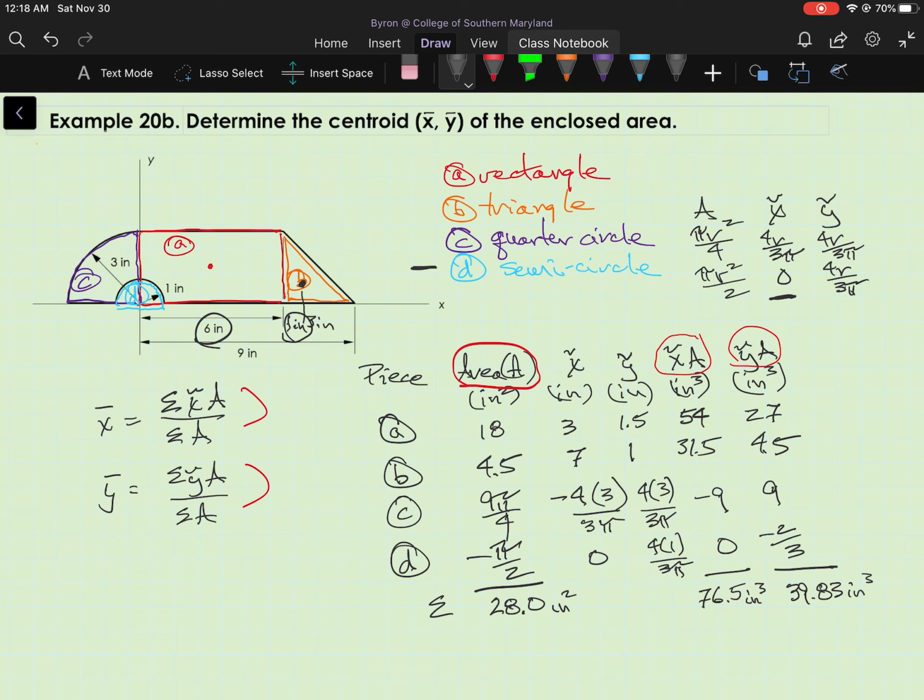So I plug and crank for x bar. I'm going to put in the 76.5 inches cubed. And I'll put the units in there to show you how the units work out. The area, total area, was the 28.0 inches squared. You do that math and you get 2.73 inches.